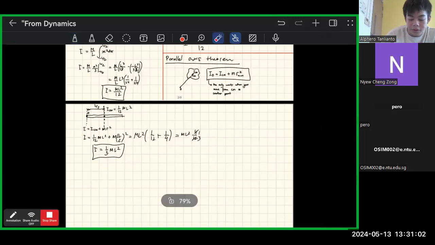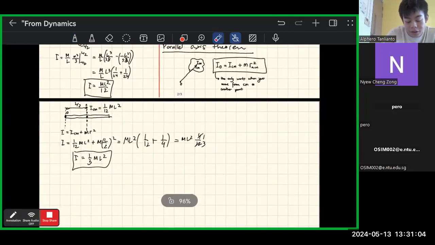The parallel axis theorem, as I said, can only be used from the center of mass to another point. You cannot move from another point to any other random point.